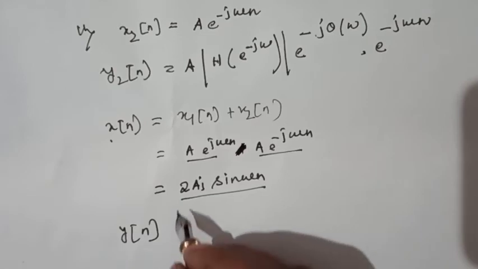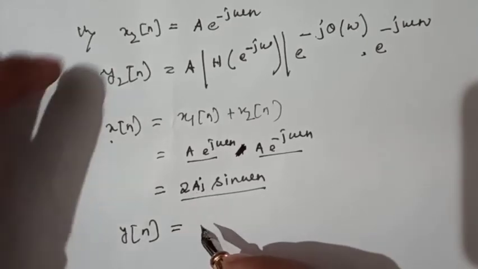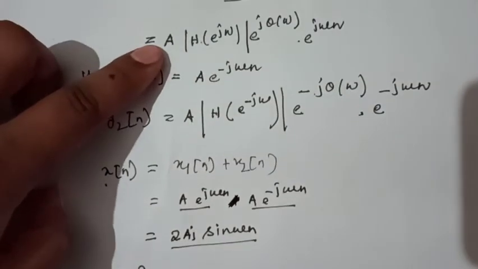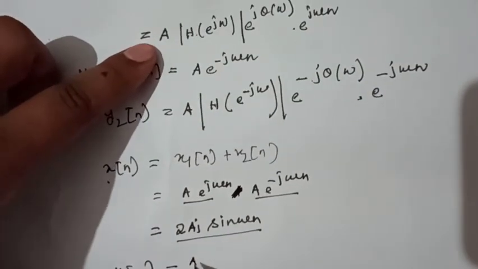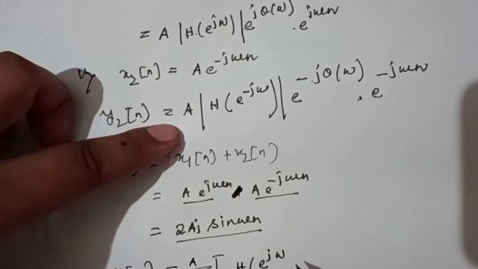There will be a 1 by 2j term because of this 2j. So for y1, a by 2j I can make common because both have a.